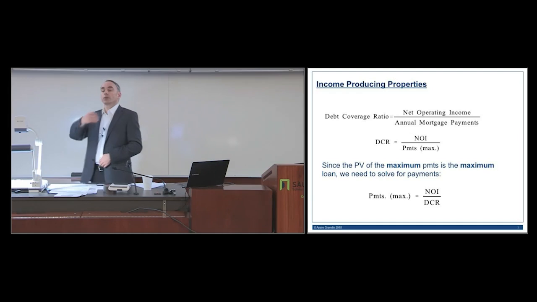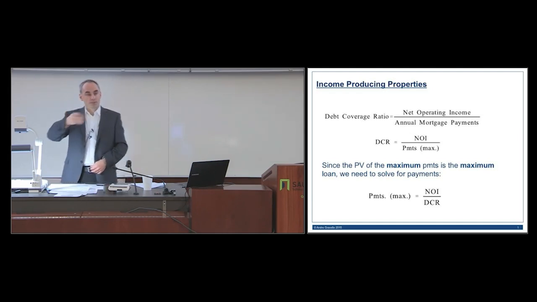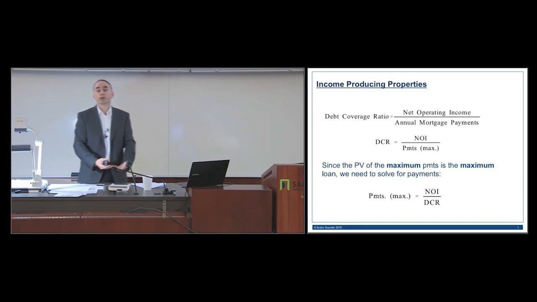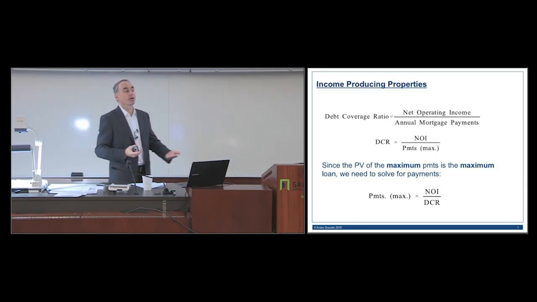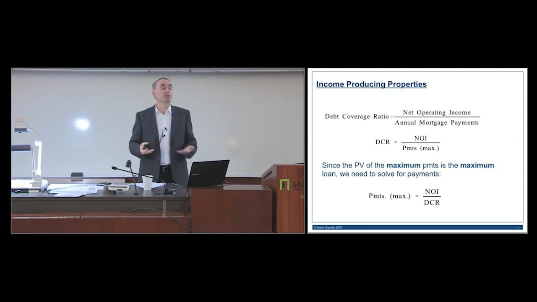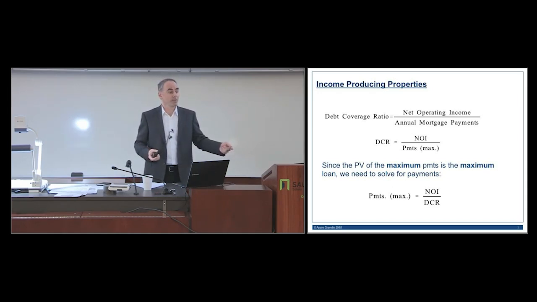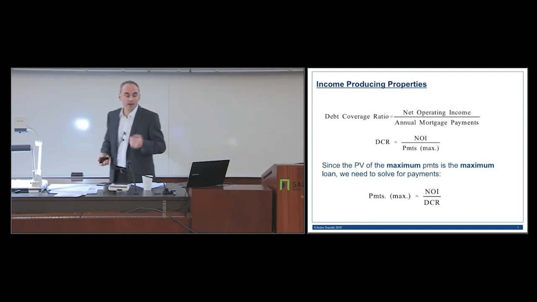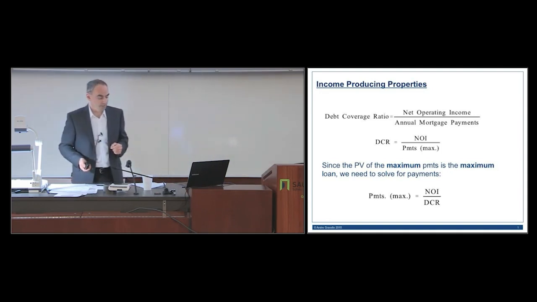So you start with gross potential rent, subtract vacancy and bad debt, get gross realized income, subtract all your operating expenses, then you get net operating income. So it's net of all the expenses, so it's income that's available to do something with. Most importantly, in this situation, make your mortgage payments with. So that's why we deal with net operating income. And that's divided by your annual mortgage payment.